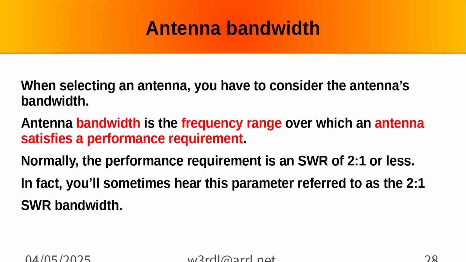It's just an arbitrary number, but in most cases, 2 to 1 is a decent match. It means that you're at 100 ohms instead of 50, or 25 instead of 50. So reflection is not too bad.